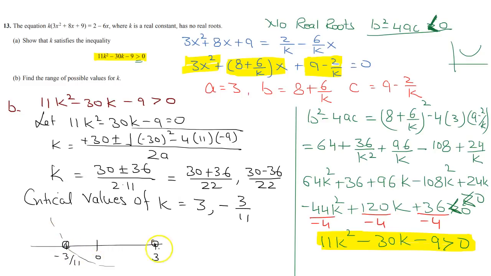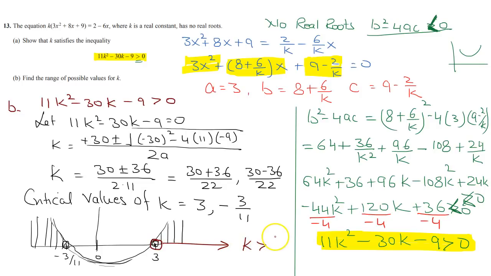So our graph is this. It is greater than 0 means this area of the graph where y is greater than 0, upper part, less than 0, lower part. So this is our solution, that is k is greater than 3 and k is less than minus 3 over 11.